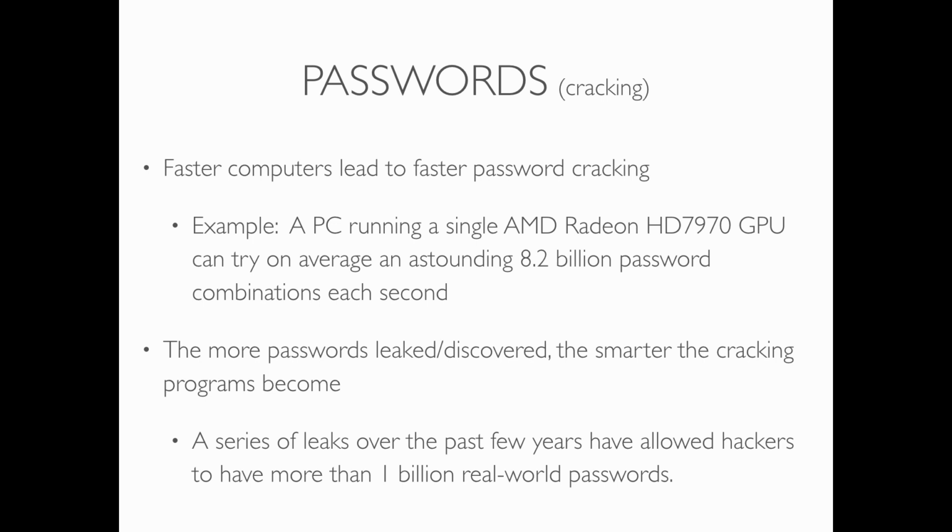So this particular computer, which was designed to crack passwords, can try an average of 8.2 billion password combinations each second as you go through. So that's what's called brute forcing a password. So if let's say the password's 8 characters long, you start with A, B, A, C, and you just keep throwing things at it. Okay, that's one way to crack a password.